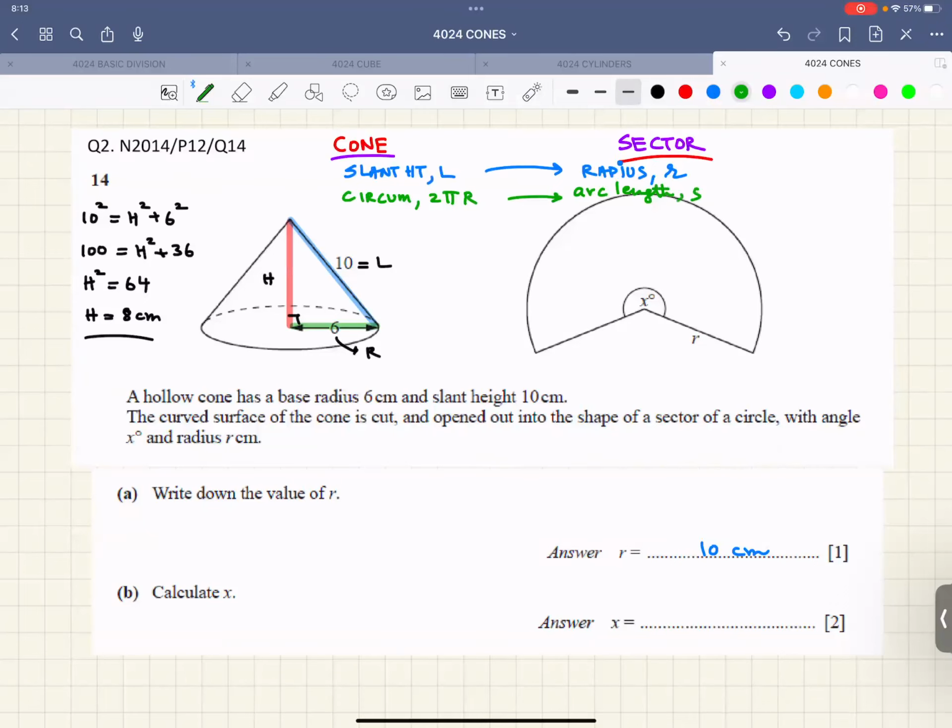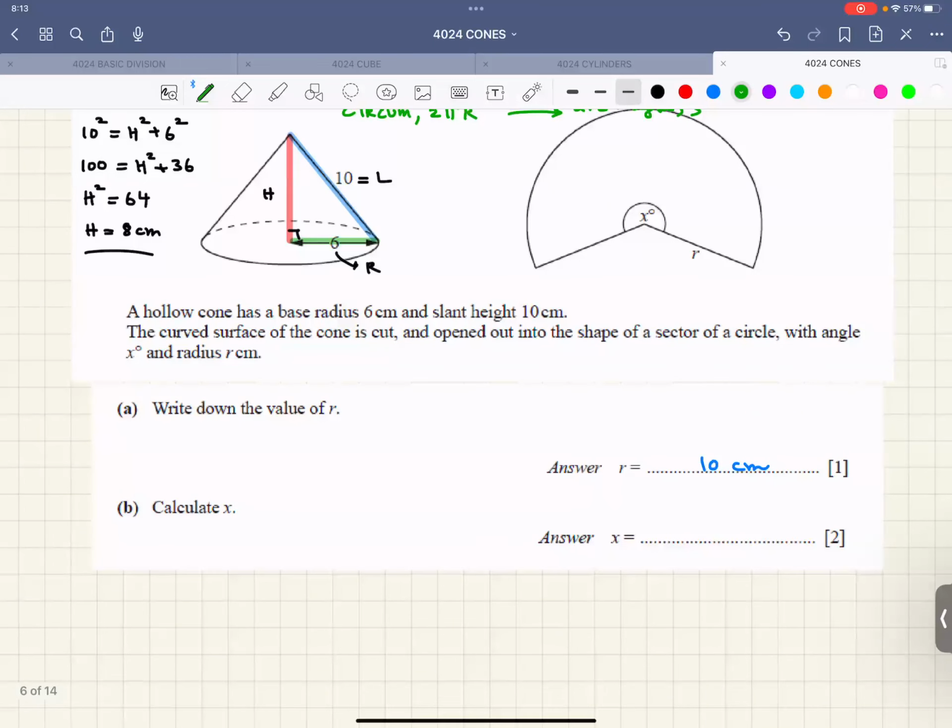Let me use the symbol S for the sector. So what is the circumference? The circumference of the base, that is C, equals 2 pi r. R is 6, which is 12 pi.